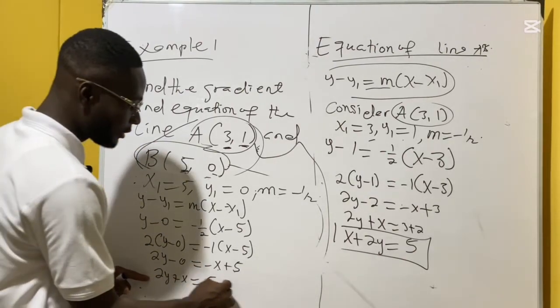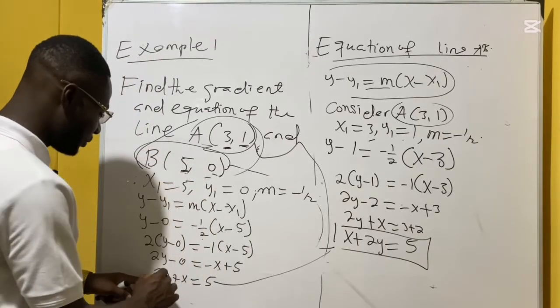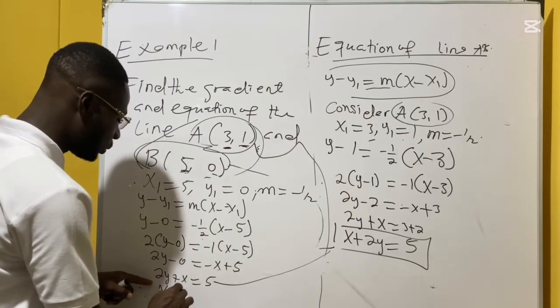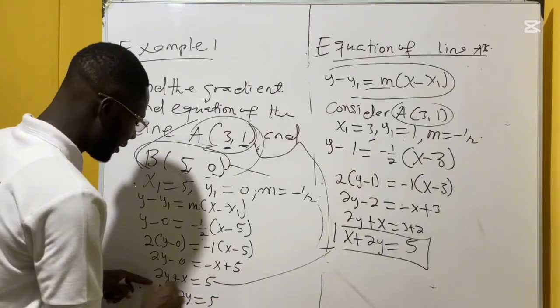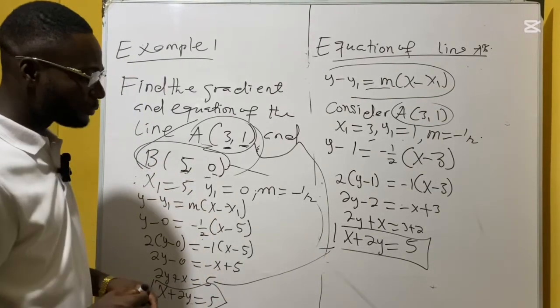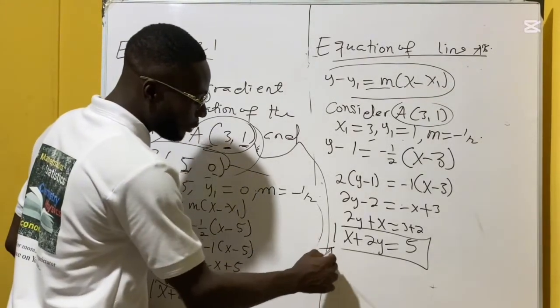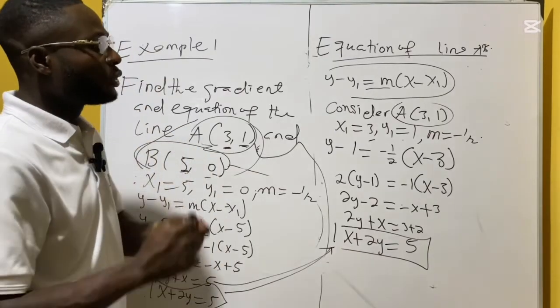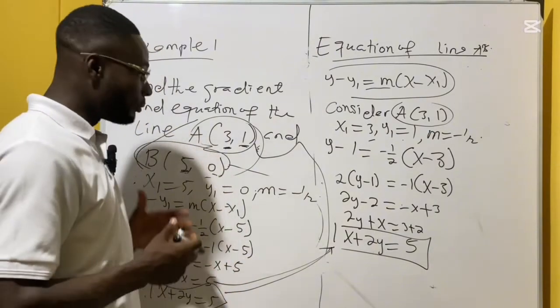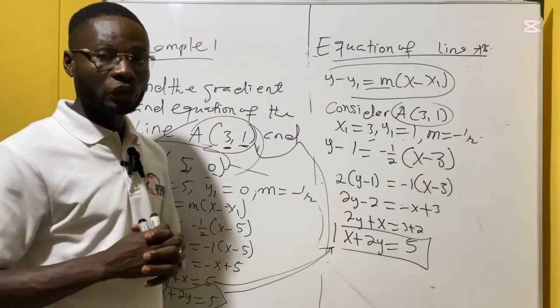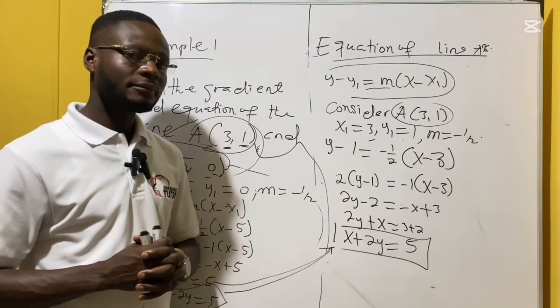You can see that we are getting x plus 2y equals 5 as well. So either point you choose together with the gradient, you must have the same equation of a line.